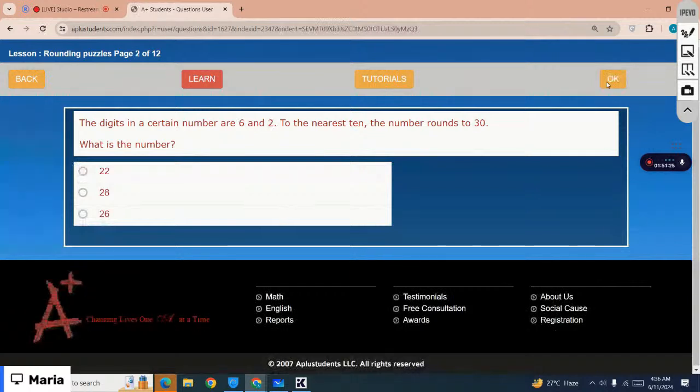The digits in a certain number are 6 and 2. To the nearest 10, the number rounds to 30, which is the correct option.